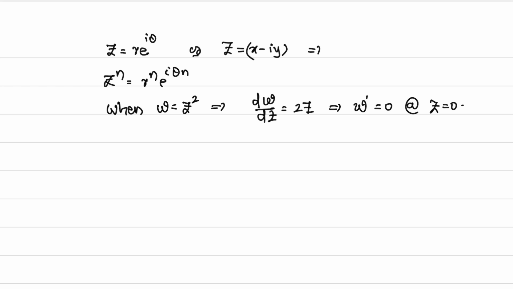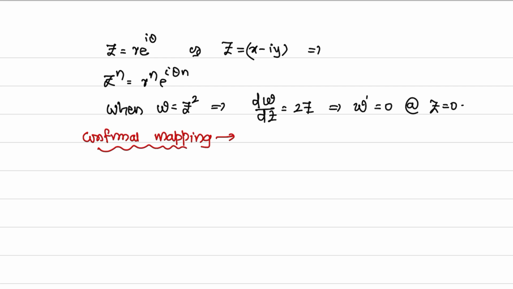This is a very important discussion that is required to be made, and there is one name called conformal mapping. In case of mapping a Z plane into a UV plane or W plane. Conformal mapping.